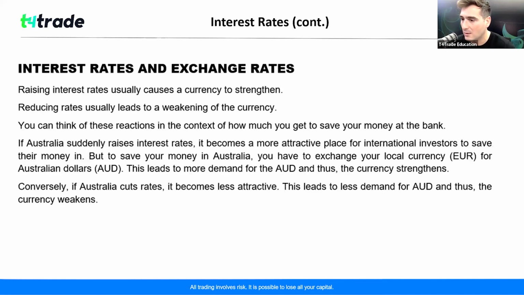This is what strengthens the currency, in this case the Australian dollar compared to the United States dollar. This interest difference between the two nations gives rise to this phenomenon. So you see international investors that have a lot of money selling their dollar denominated money and buying Australian dollars.